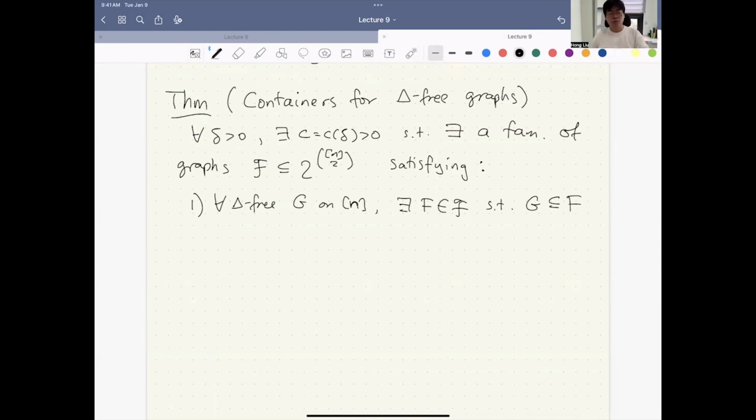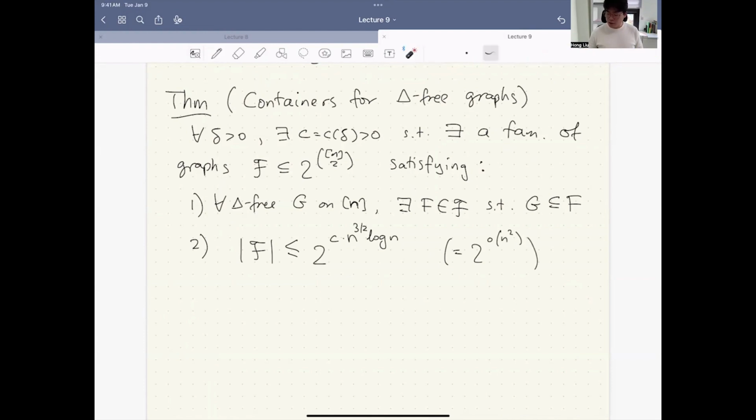Second of all, the number of containers, there are not so many of them. The number of containers is at most 2 to the C times n to the 3/2 log n. Just keep in mind, this is 2 to the little o of n squared.